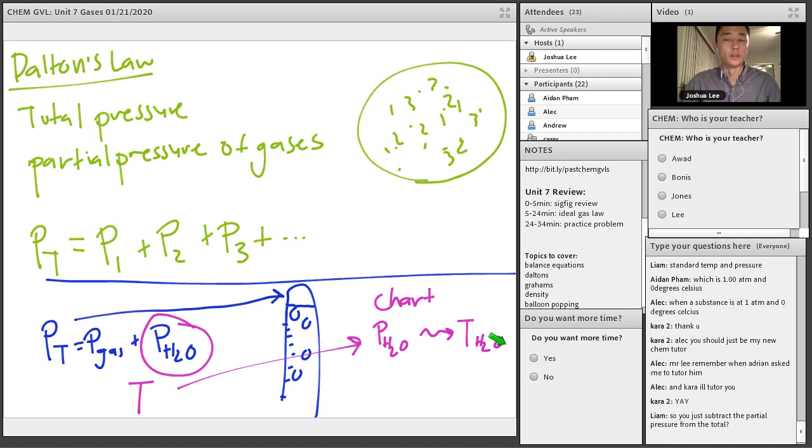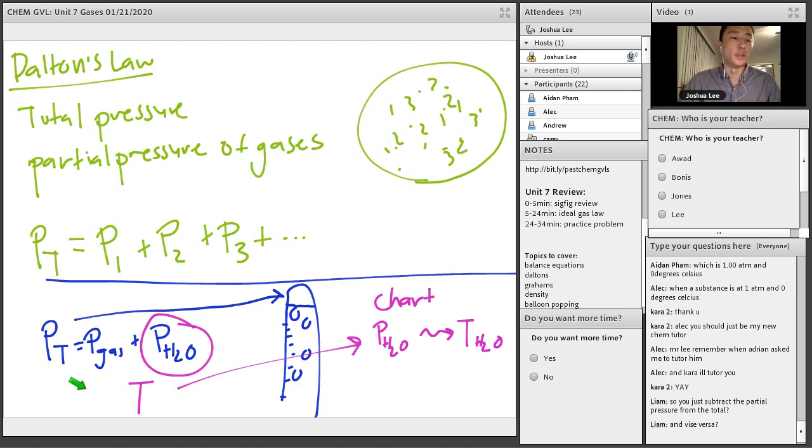That's Dalton's law. If you wanted to find the partial pressure of this gas, you should know the total pressure, and then if you could figure out the pressure of water, you just subtract to find the pressure of the gas.